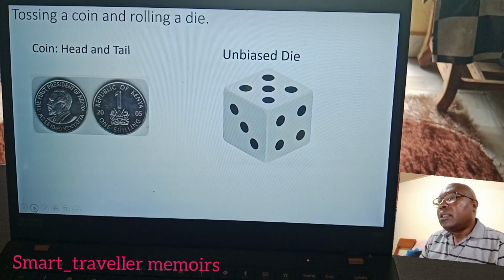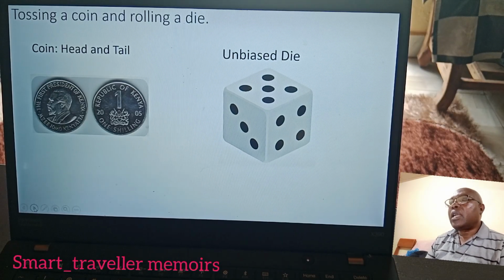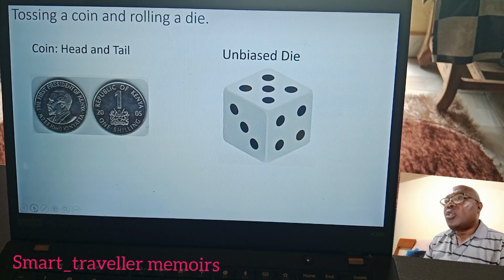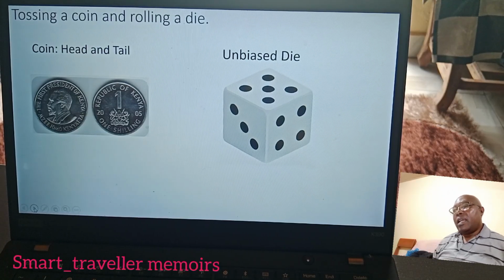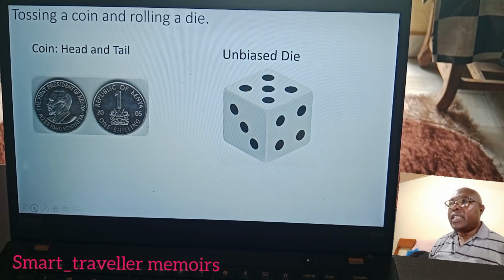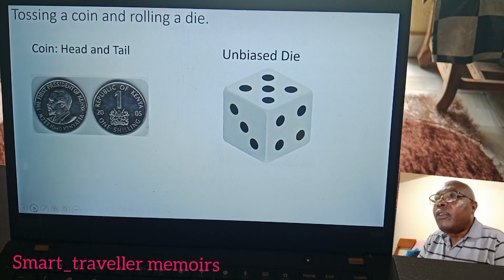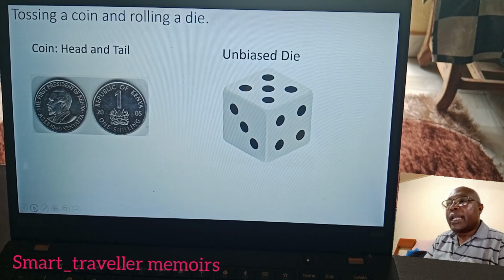So here, I am displaying the coins, that is tossing a coin and rolling a die. I'm trying to show the viewers what a coin looks like, with the head and the tail. For example, this one is the coin of the first president of the Republic of Kenya, Mzee Jomo Kenyatta.